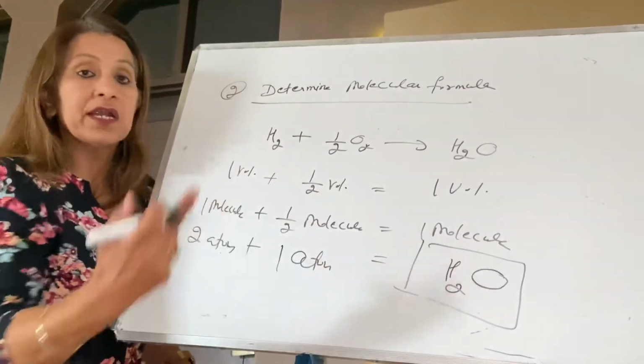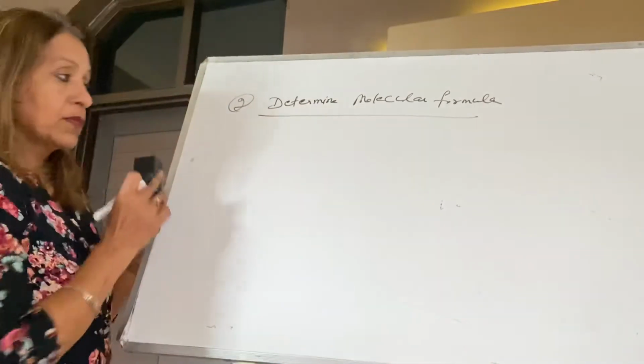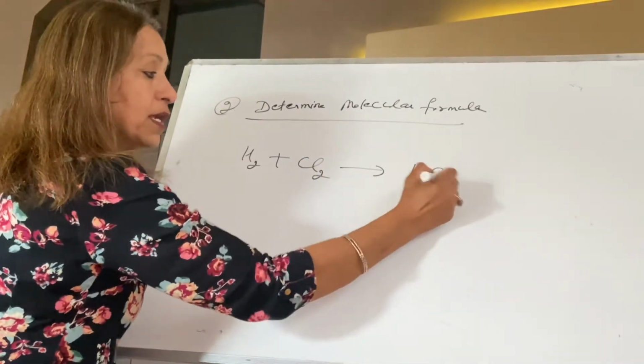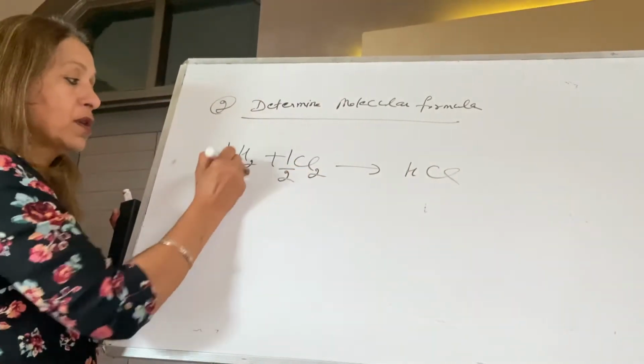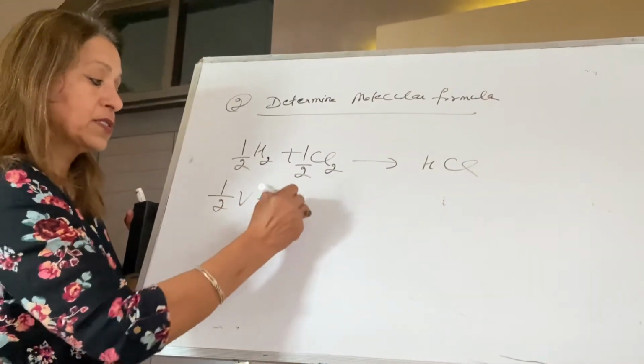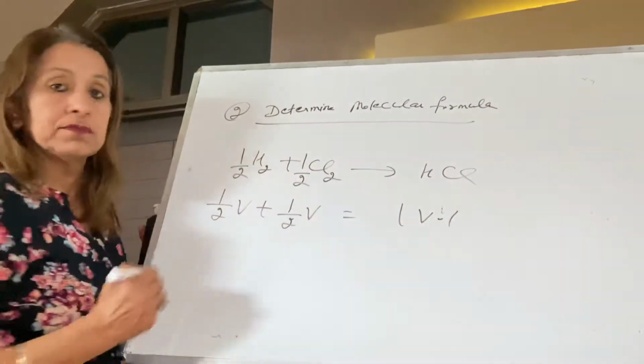Now I am taking a second example. H2 plus Cl2 arrow HCl. Make it half H2, half Cl2. Half volume plus half volume is equal to one volume.